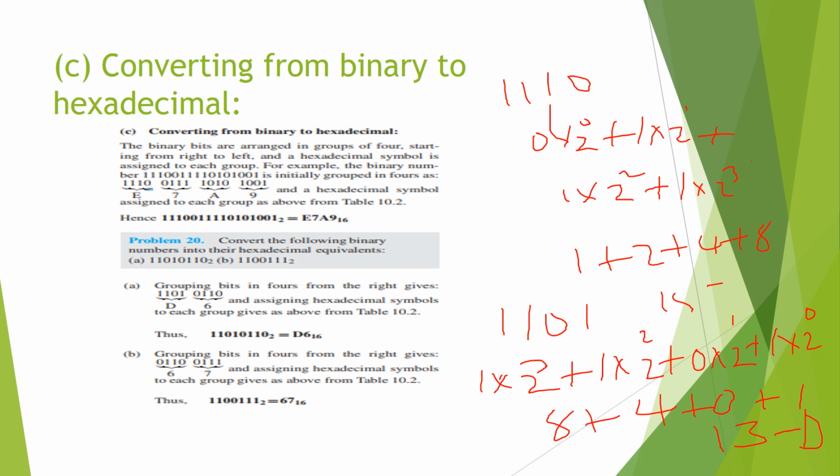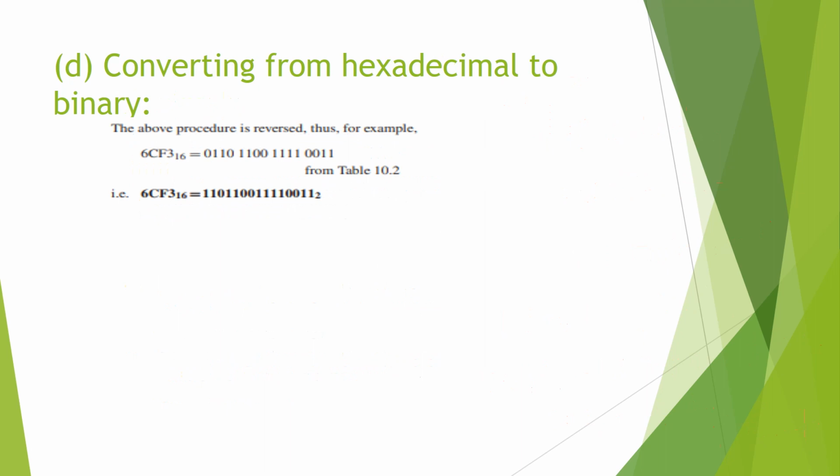So that is how we convert by grouping in 4s to get the hexadecimal equivalent. Also, we can convert from hexadecimal to binary. The best way to do this is to first convert it via decimal.